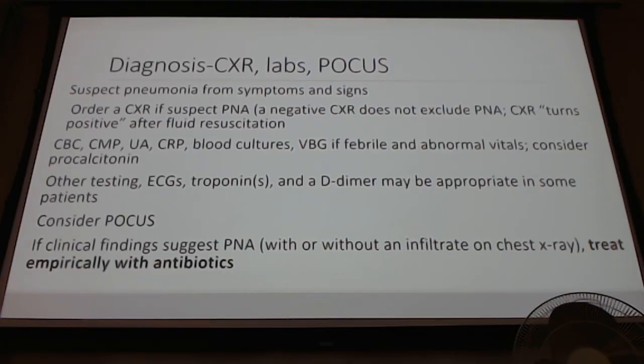We don't need a CBC and a CMP and a UA in everybody. We get those for our sicker patients typically, or if the diagnosis is in question, we'll add our labs on there.